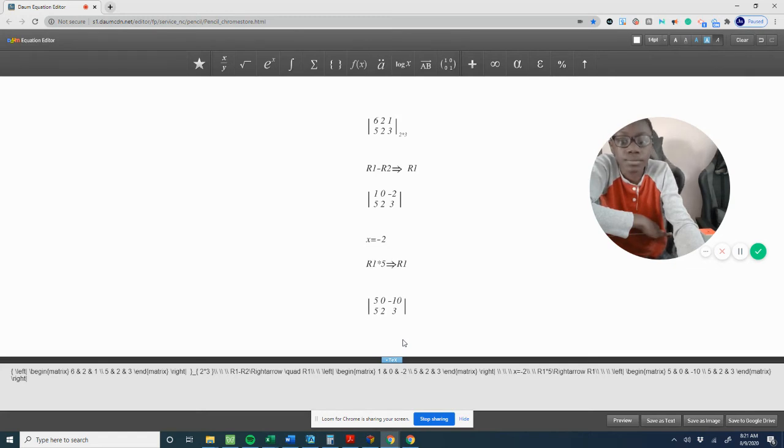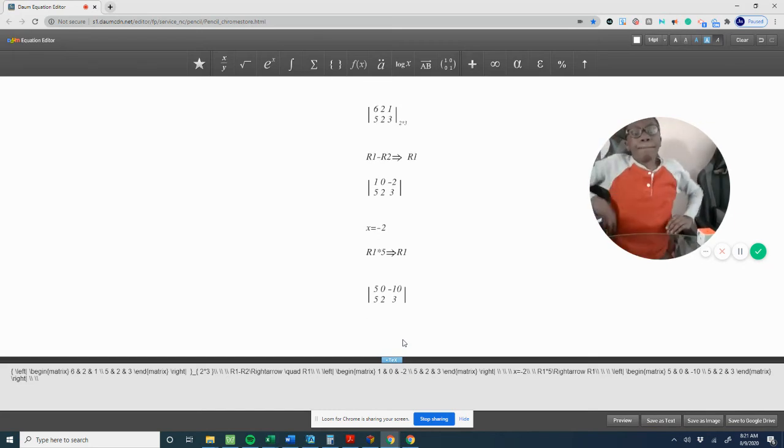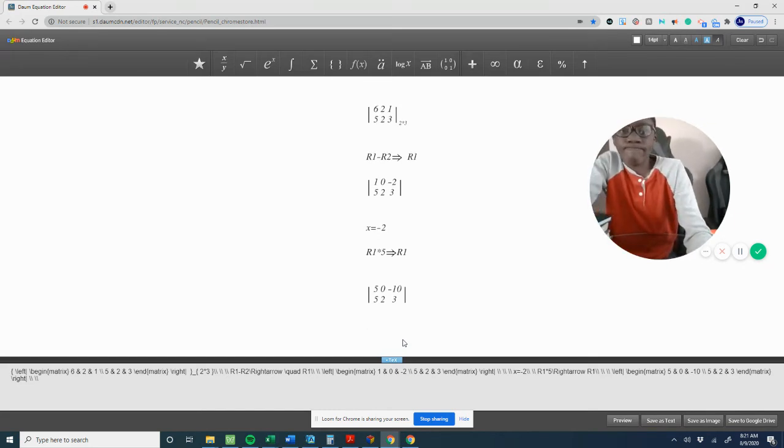Let's go down and subtract them. Or if you don't want to deal with negatives, it will be easier to do R2 minus R1.